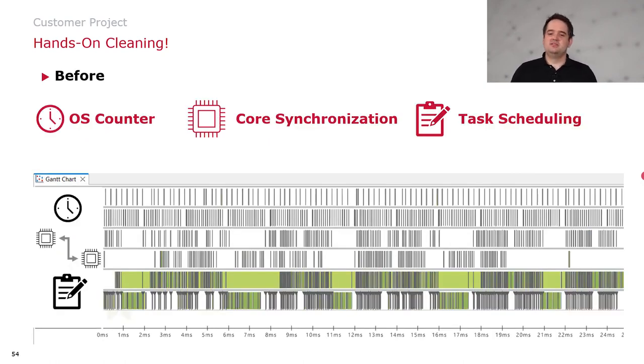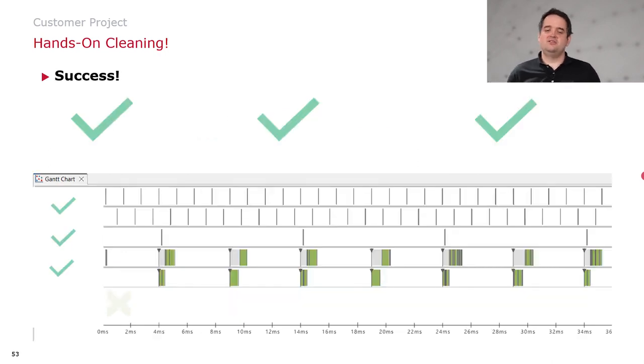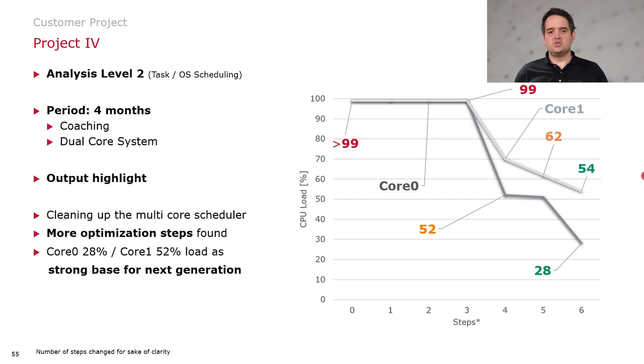And to show you the initial state and the end of this work, you clearly see a big impact with 3 easy steps. So we identified 3 different locations at once and were able to clear them up one by one. To show this with another figure, we had analysis level 2. So we introduced only the task and the OS scheduling in here.